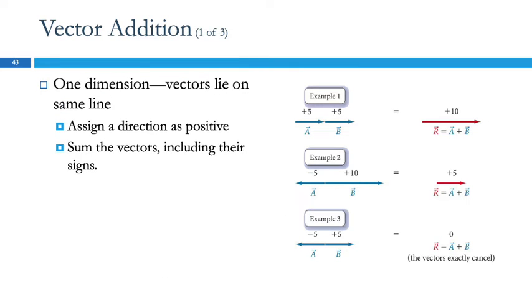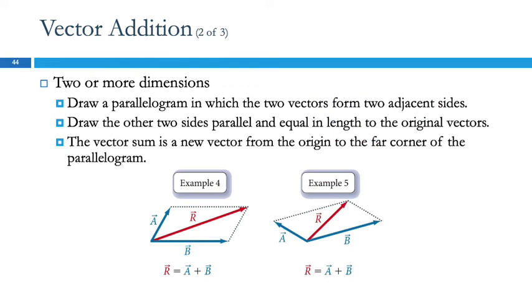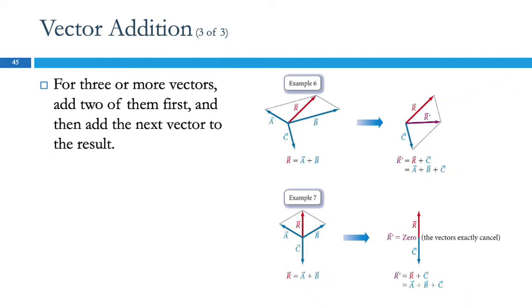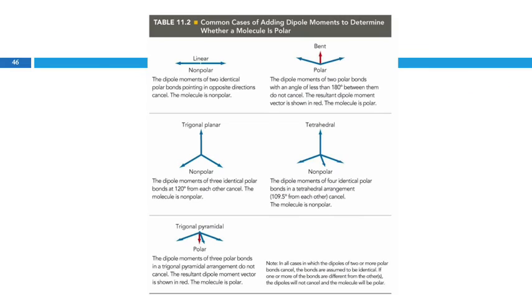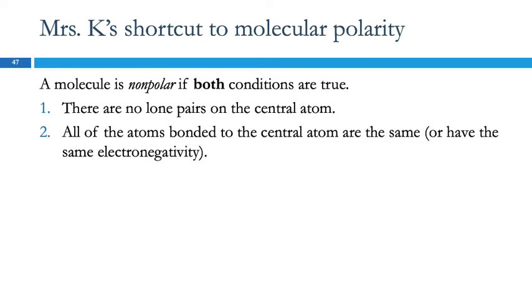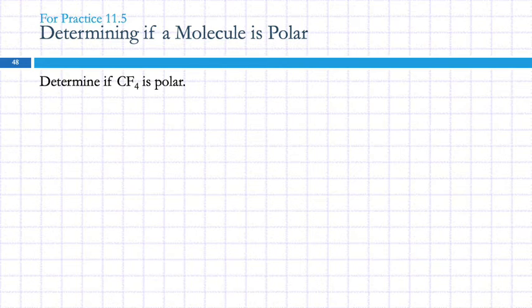So these are slides, the book reviews vector addition. That's all nice, but just remember this. Okay, determine if CF4 is polar. The nice thing about my shortcut rules is you need a Lewis structure, but you don't actually need to know the geometry. So, CF4, well, it's going to be carbon in the middle with 4 fluorines, right?